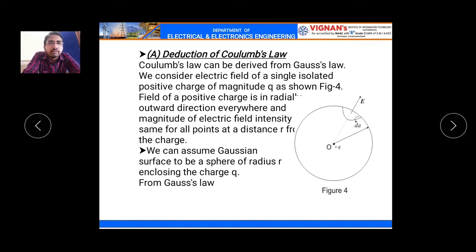So what is Coulomb's law? Coulomb's law states that the force of attraction or repulsion between two charges is proportional to the product of the charges and inversely proportional to the square of the distance between them. So for Coulomb's law, we are assuming a positive charge of magnitude q which is placed here, and we are assuming a Gaussian surface, a sphere of radius r.